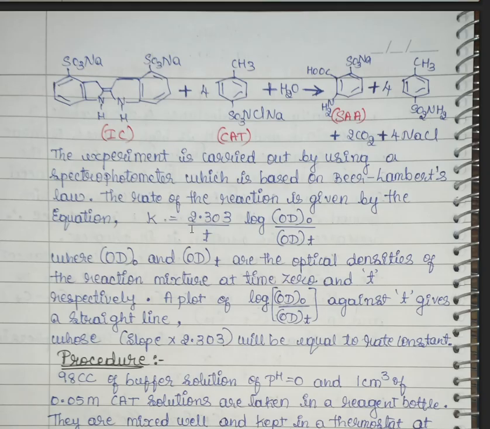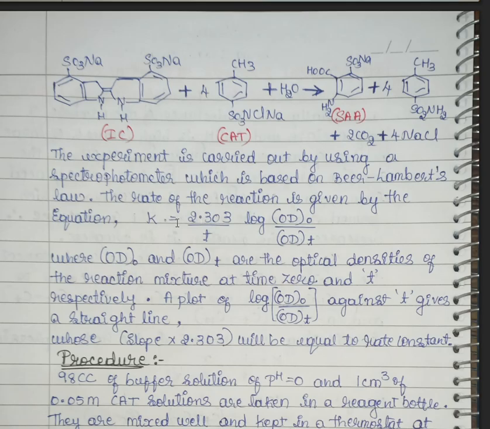Here we check the OD, the optical density of the reaction, using a spectrophotometer, in which OD naught is the initial optical density before starting the reaction, and ODt is the optical density checked at regular time intervals using the instrument.